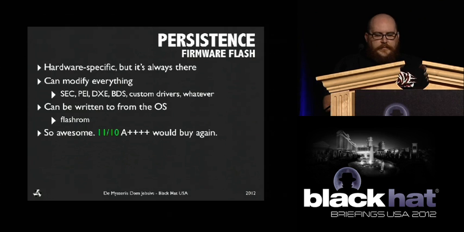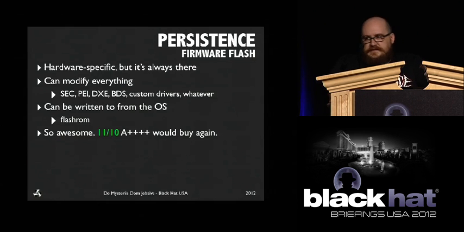So firmware flash, where the actual EFI core stuff is stored, is I guess the ultimate goal. But Apple actually don't make this easy for you. So it's hardware specific to a certain extent, but not quite so much as the option ROMs, because everything has to have a firmware flash, right? It just depends on the chipset that we need to talk to in order to talk to the EEPROM via SPI to flash it, right?